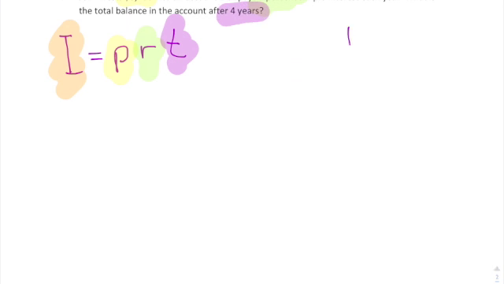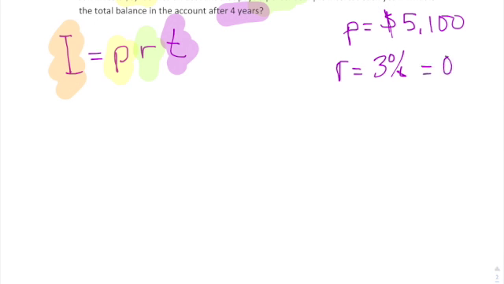So I want to remind us, okay, P equals 5,100. The rate equals 3%, but remember we want this as a decimal, so that's 0.03. And time is in fact 4 because it's 4 years, and remember time is always in years.